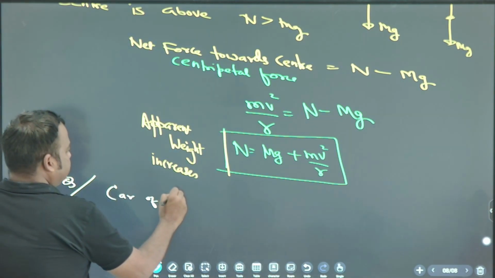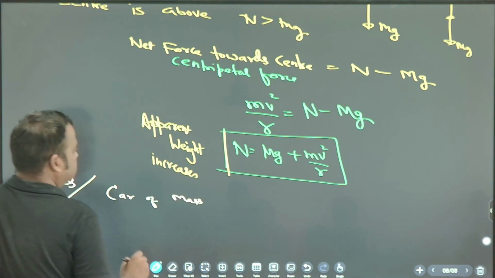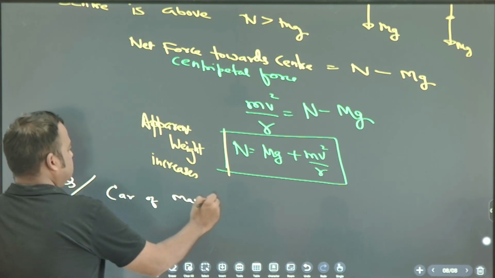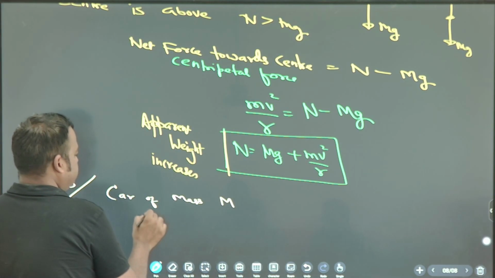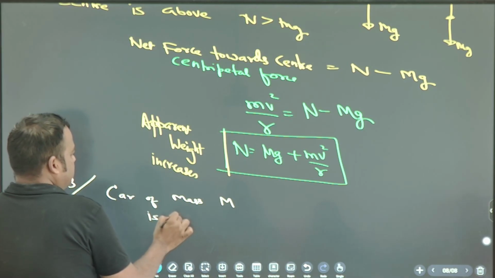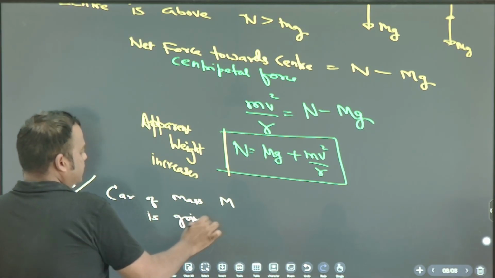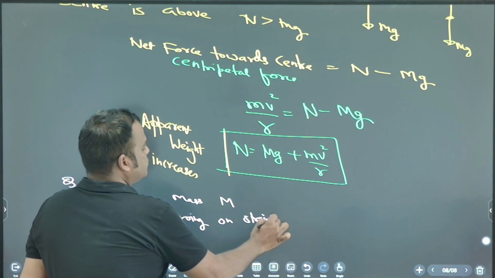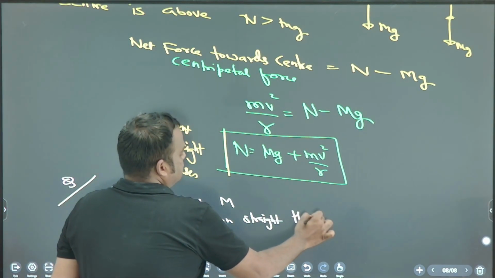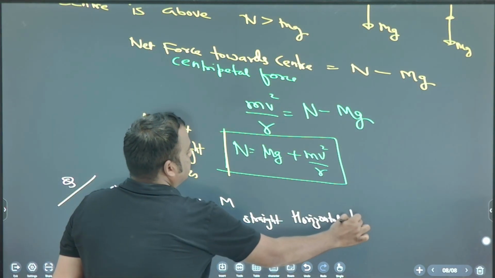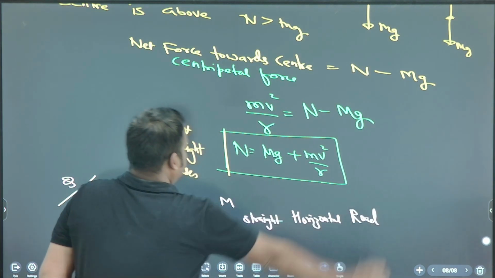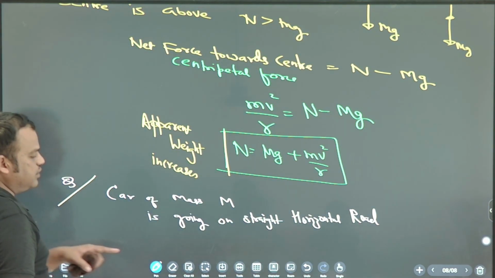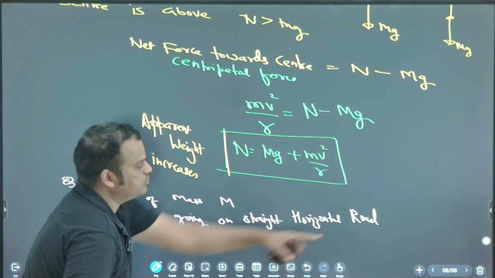Car of mass m is going on a straight highway, a straight horizontal road. It is going like this.